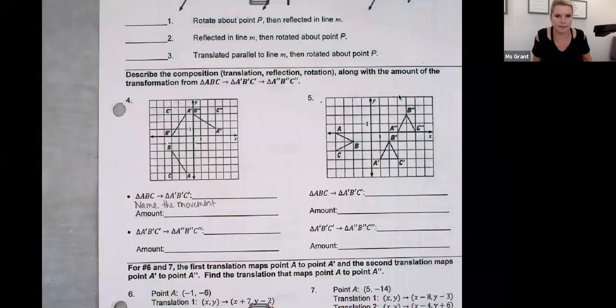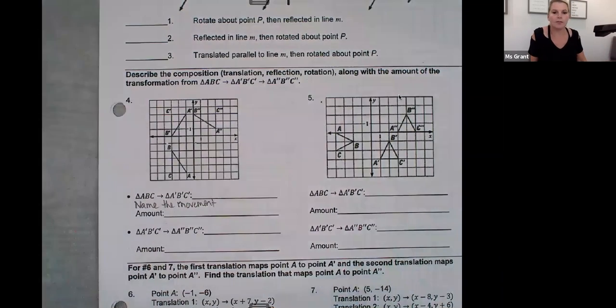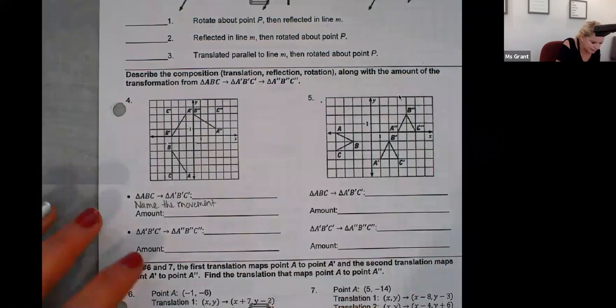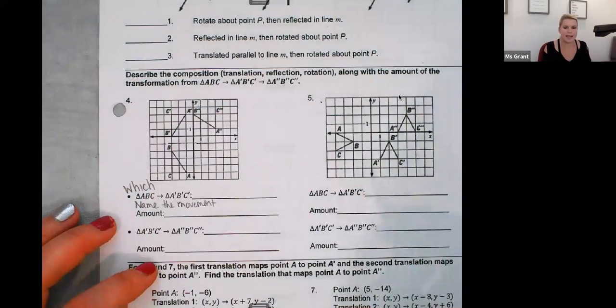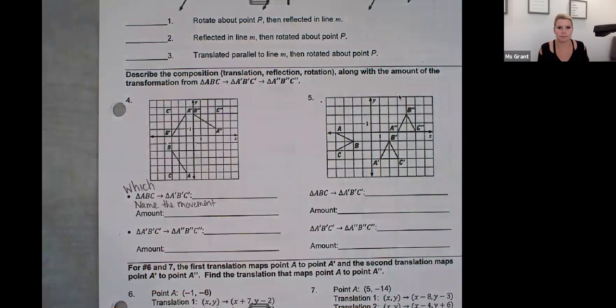What is it that I did? I reflected over the x-axis. I translated 5 units down. So you say what it is, what did I do, which one, then name it using the notation that we've learned.